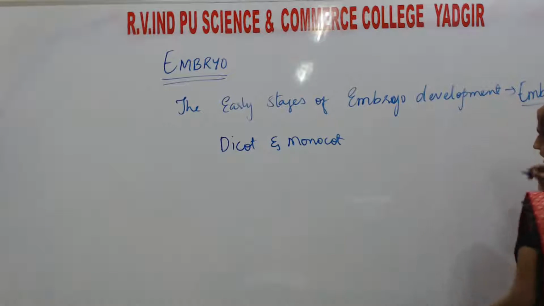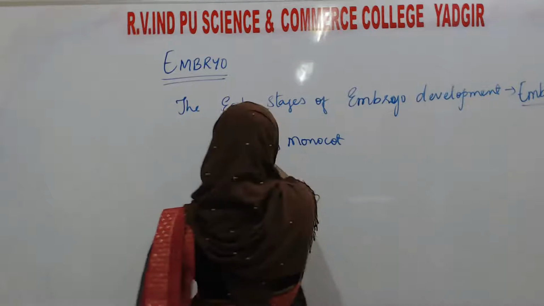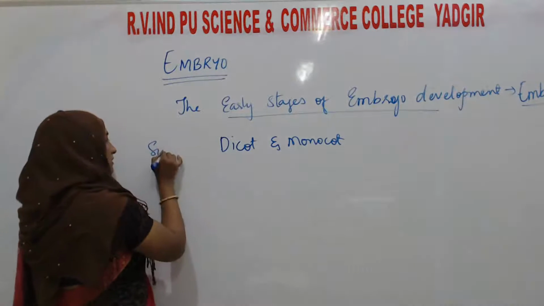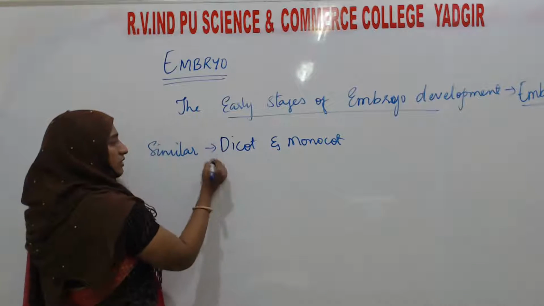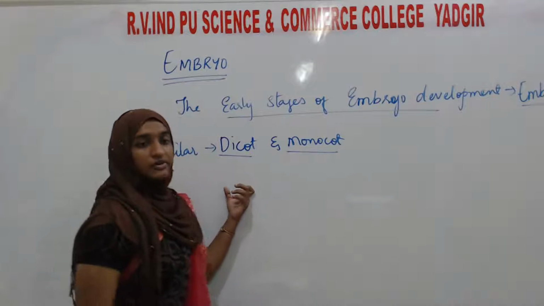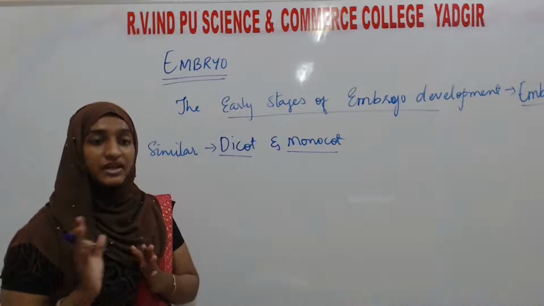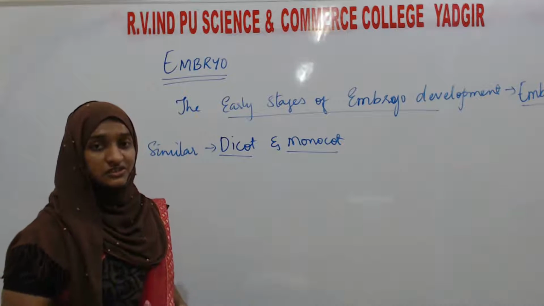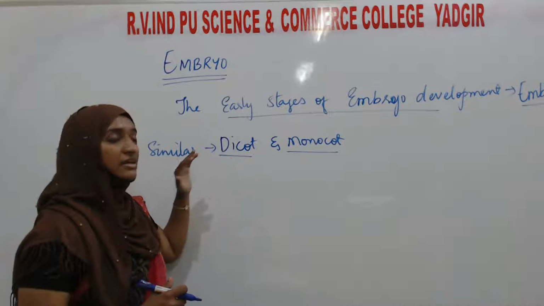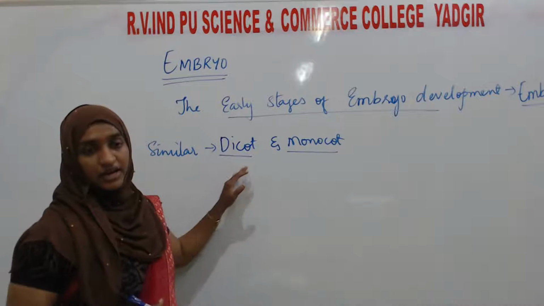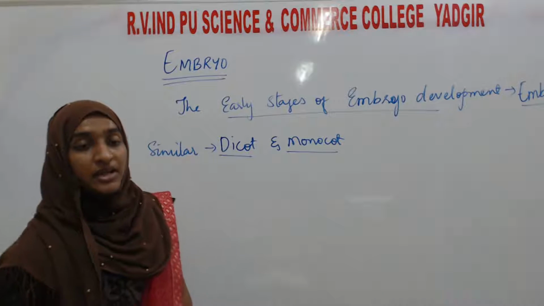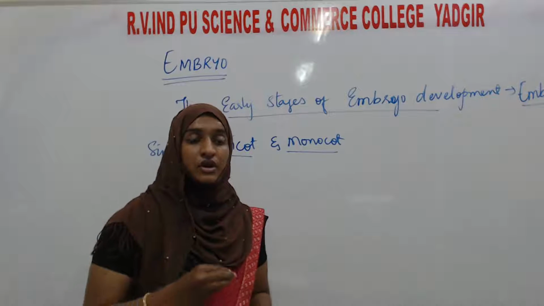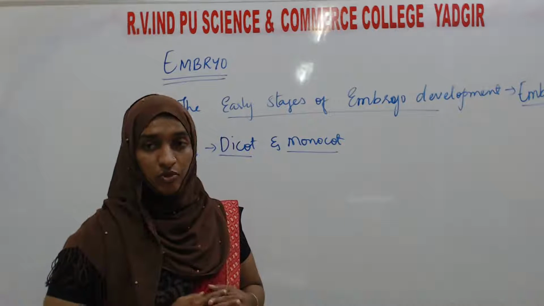This early stage of the embryo development will be similar in both dicot and monocot. Whatever the early stages of the development from the zygote to the embryo, the first, initial stages will be similar in both. So let's see what the particular stages are, and then we will see about the dicot embryo as well as the monocot embryo.